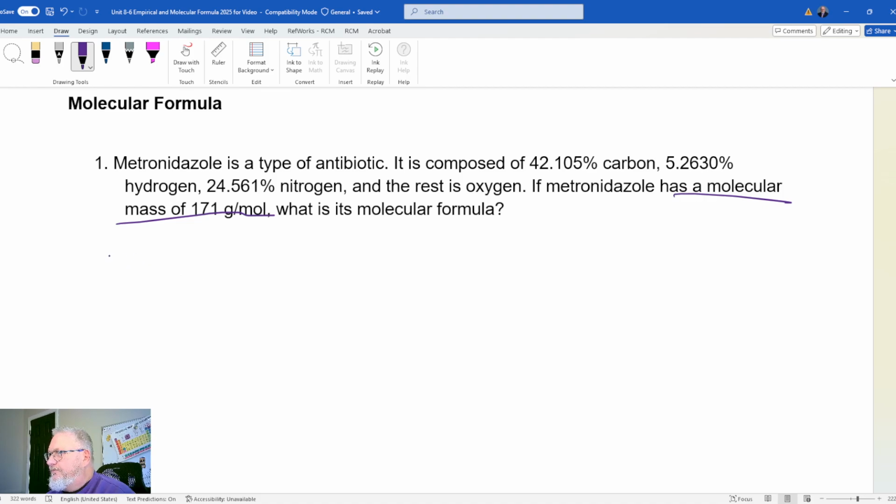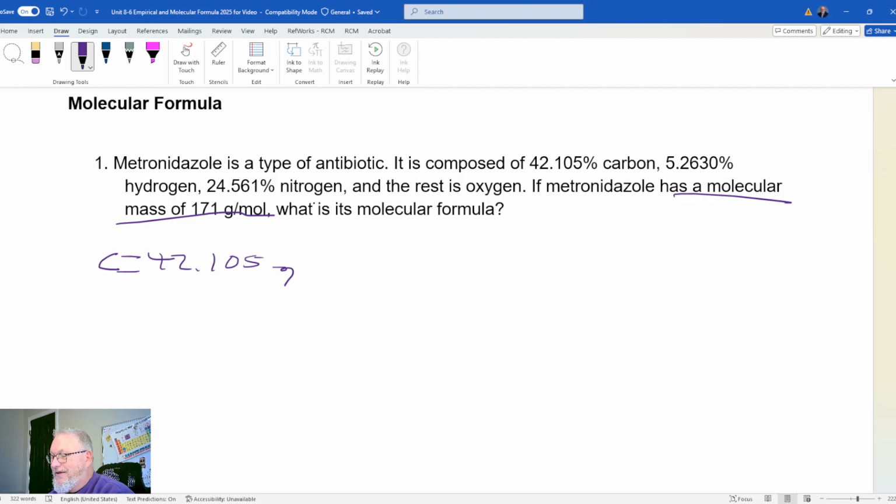We've got carbon 42.105, and we're going to call that grams. It didn't give us the amount of oxygen, so I'm going to have to add all these up: 42.105 plus 5.263 plus 24.561.